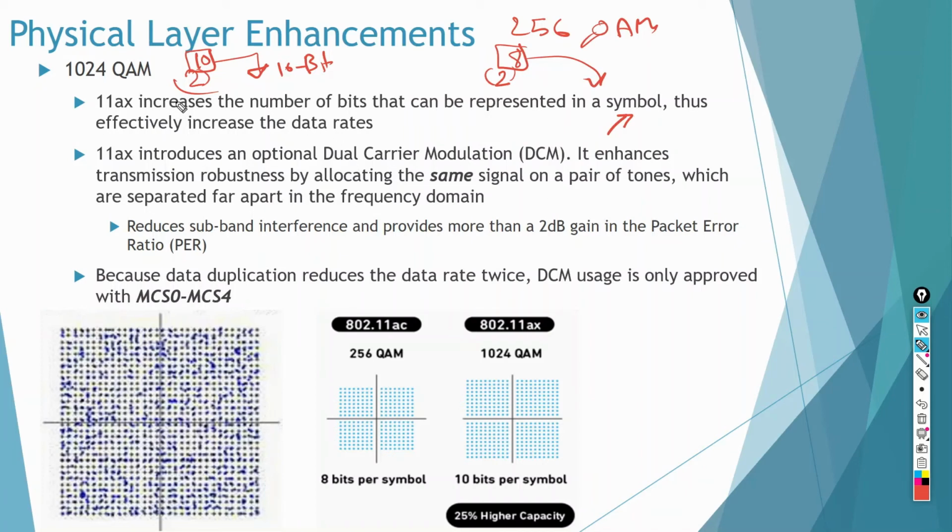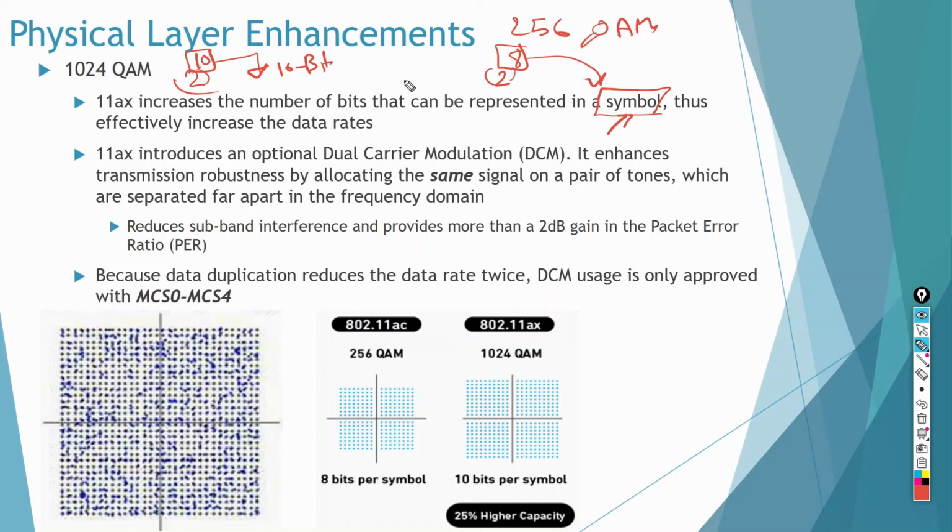For sure, 1024 QAM is better because within the same Wi-Fi symbol that I used to transmit at the 11AC days, I can add more bits, so that would increase the efficiency of the transmission.